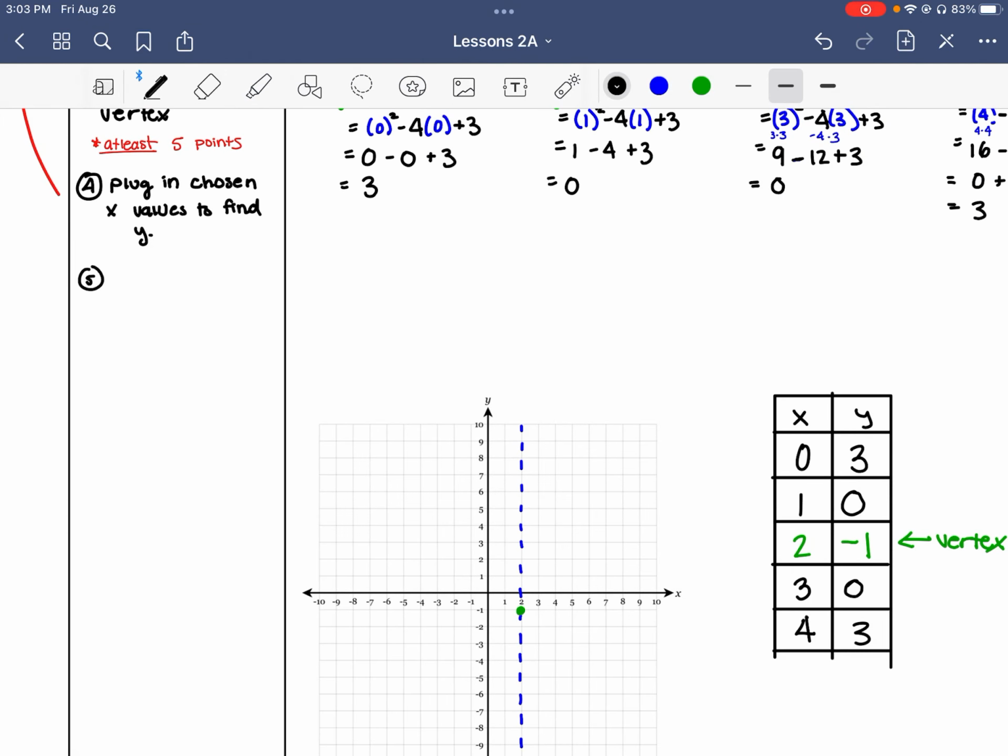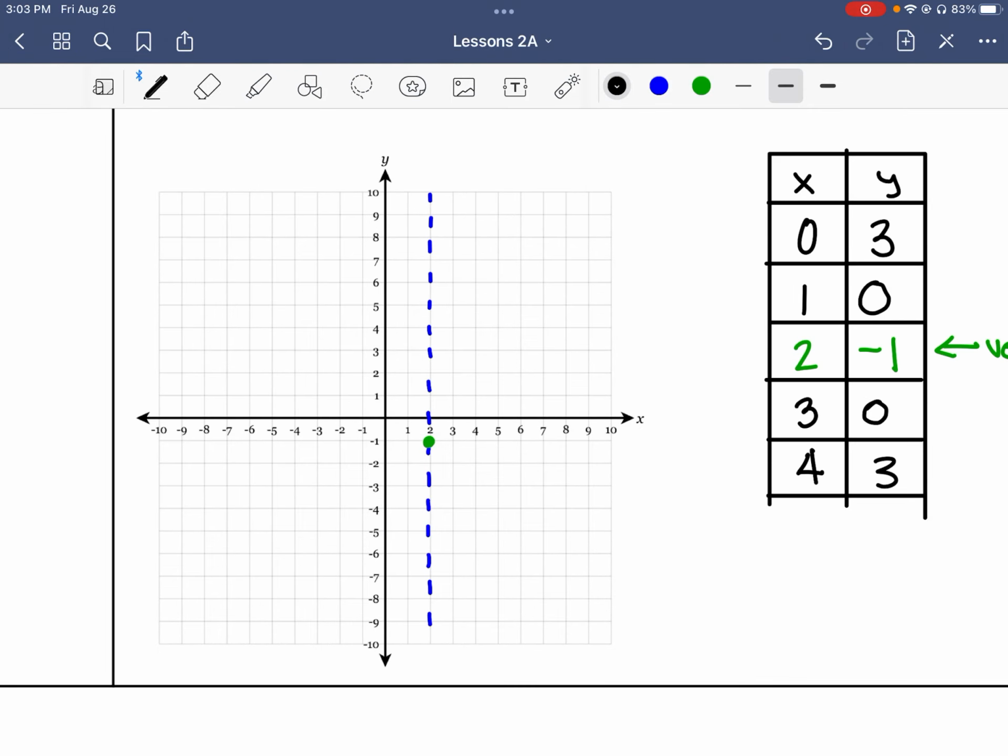Now my very last step is I'm going to plot my points and connect them with a line. So I have this one done. I'm going to do this one now. 1, 0 is right here.